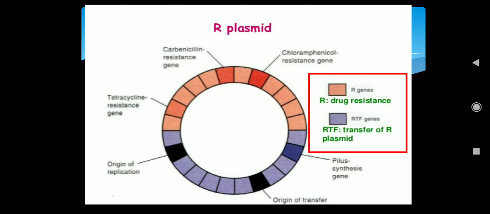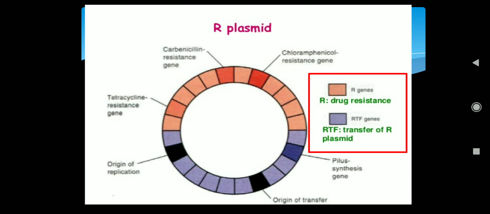That is why it carries the origin of transfer, the origin of replication, and the genes responsible for synthesizing pilus. Whereas the R determinant segment carries genes for drug resistance. That is about the structure of the resistance plasmid.